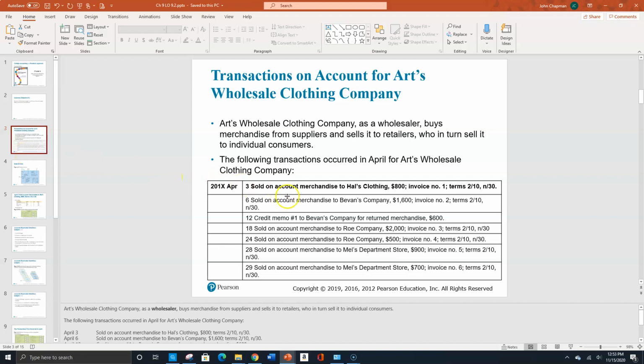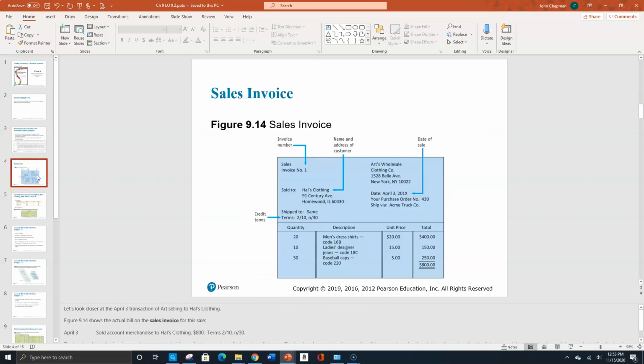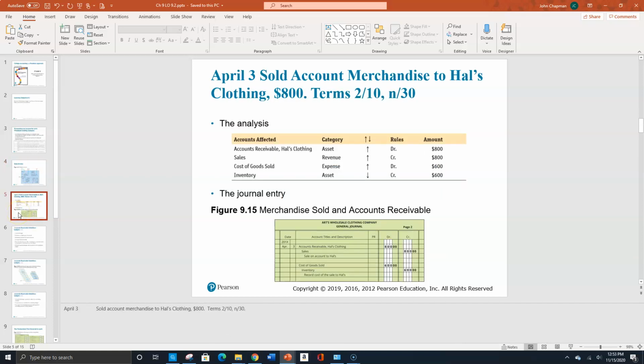So sold on account merchandise to Hal's Clothing, $800. Okay, so here's a sales invoice for that first transaction. So again, sold on account merchandise to Hal's Clothing, $800.